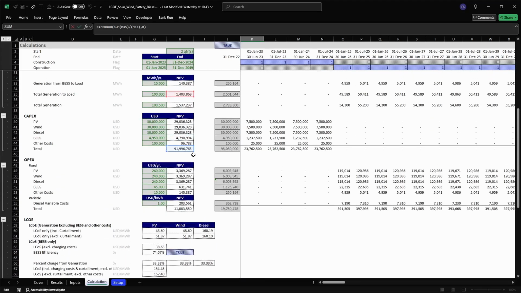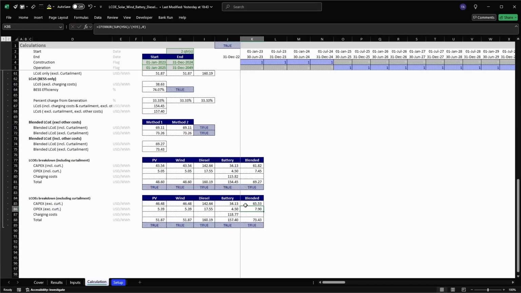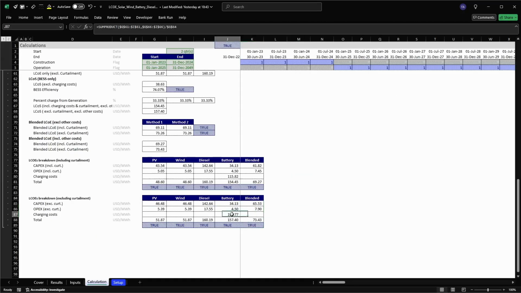So as you can see here, I get the capex with everything now, okay? And I divide by the total generation to the load, right? So that's the capex, and here we have the opex. So these costs here include the cost of this other infrastructure in the model. All right. And the only thing that I do differently here, I calculated the charging cost for the battery, as you can see, right?